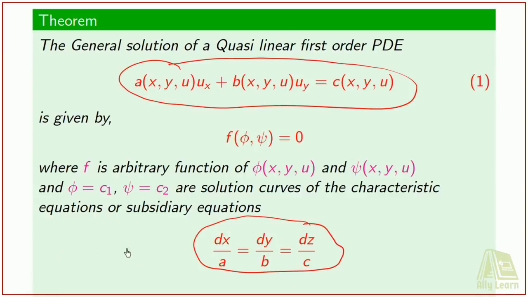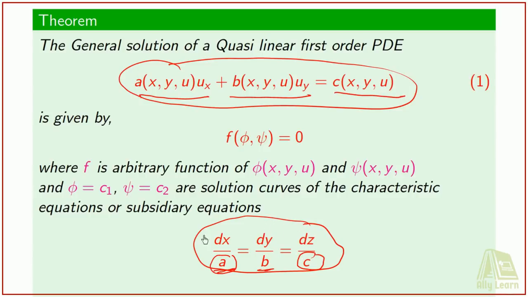Just see that this a over here is nothing but the coefficient of this u_x. This a and this a that you are seeing over here are the same. Similarly, this b is the coefficient of u_y. This b of x, y, u is this b. And similarly this c is over here. This c and that c are the same.